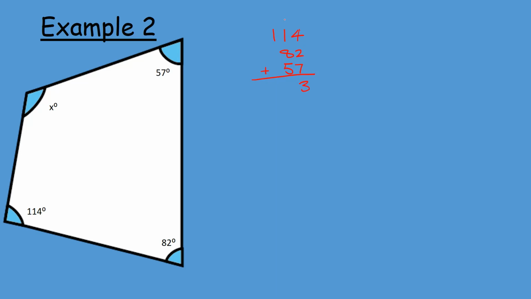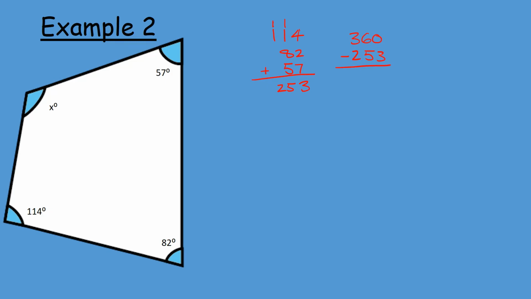So I've got 3, I'm going to carry 1 over. 1 plus 1 is 2, plus 8 is 10, and 5 is 15. So we're going to put 5 and carry 1 again. 1 plus 1 is 2. So we're going to get our 360 because we know they all add up to 360.